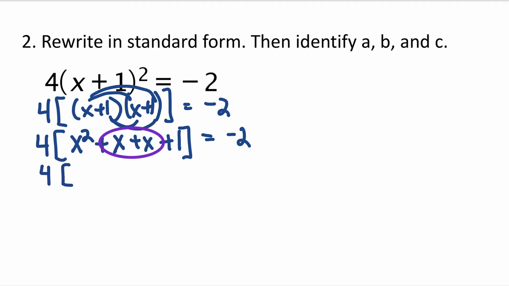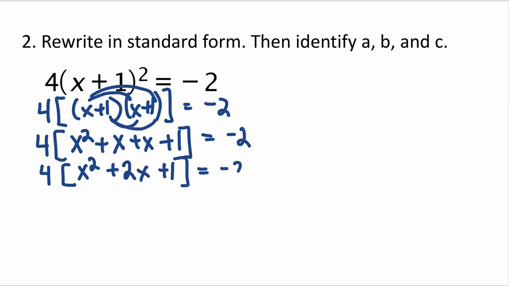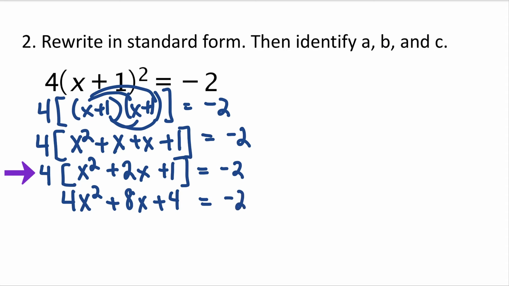Combining my like terms, this will be 4 times x squared plus 2x plus 1 equals to negative 2. Now let's go ahead and distribute the 4 on the left-hand side. This will give us 4x squared plus 8x plus 4 equals to negative 2.